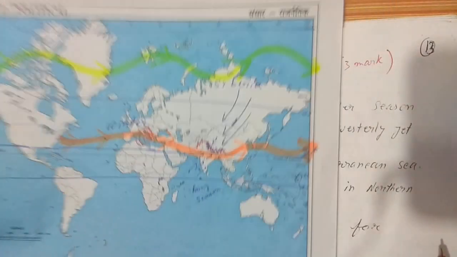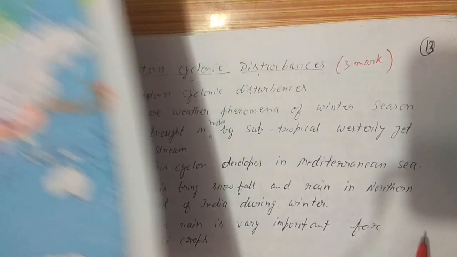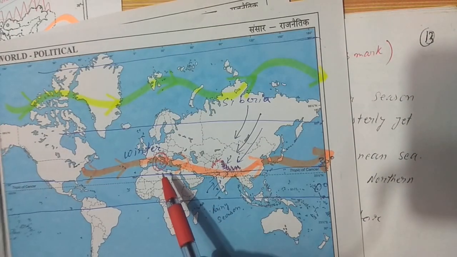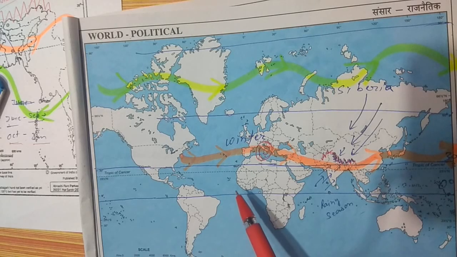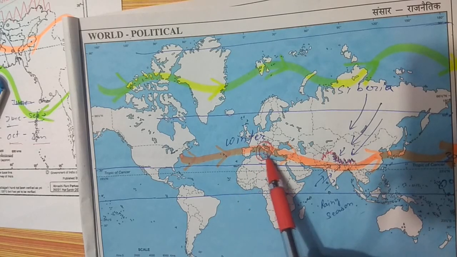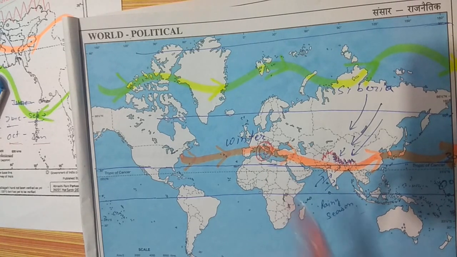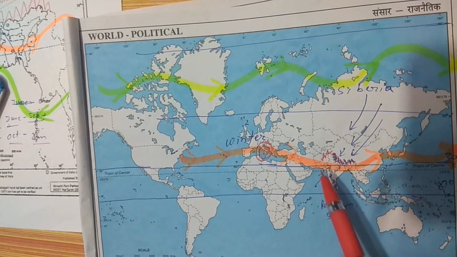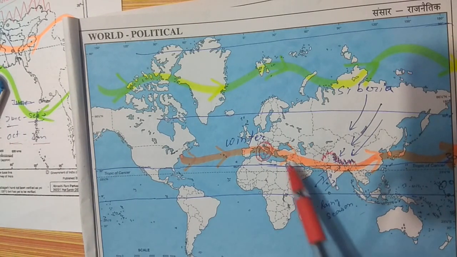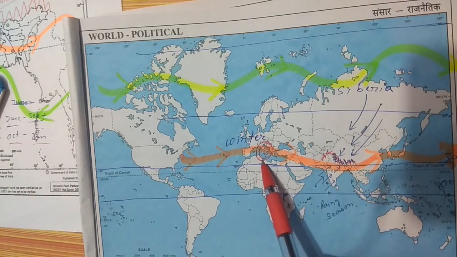Another feature of this western cyclonic disturbance is that this cyclone mostly develops in the winter season. So what first feature did I tell you?